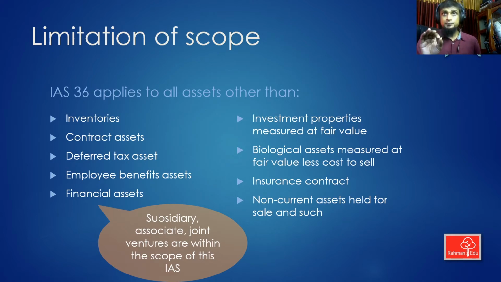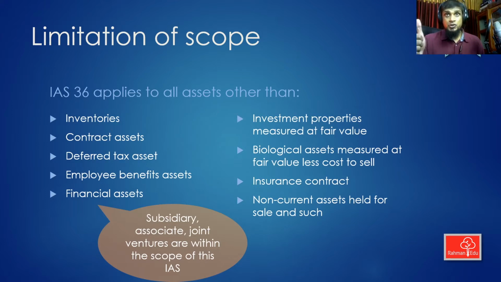However, this is actually partially excluded. I have said investment in share is excluded. Fine, but that is only partially true. Investment in share can be investment in associate, subsidiary, joint venture. Those are not excluded. Those are still part of this IAS.